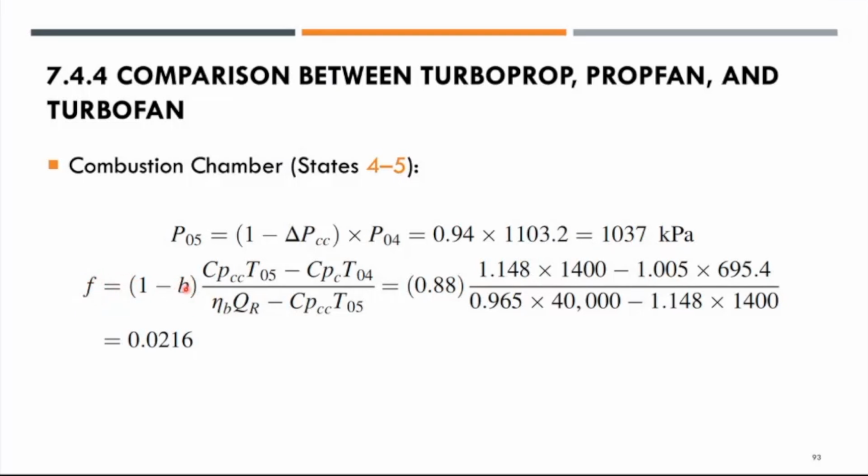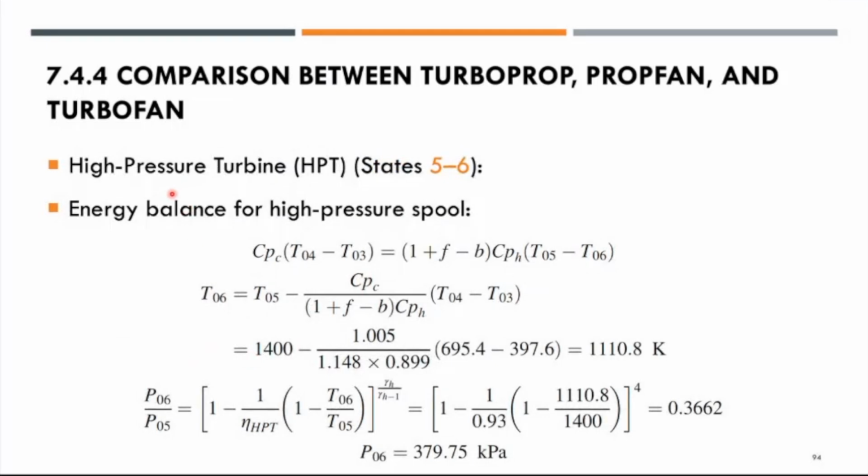With the value of the bleed and all the corresponding specific heats for the compressor, the bleed, and the combustion chamber, you get the fuel to air ratio as 0.0216.